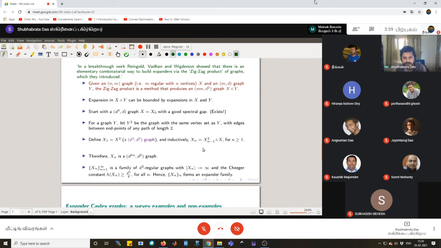This composition gives rise to a family whose graphs are of increasing size, and they are all d-squared regular graphs. It can be checked that the Cheeger constant is bounded below by d squared by 4 for all n, and hence they form an expander family.